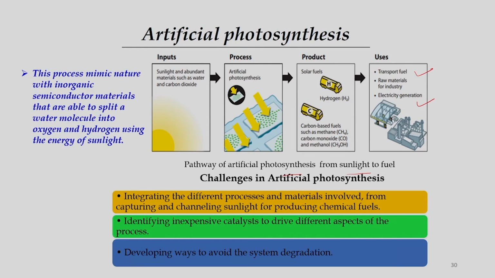First challenge is integrating the different processes and materials involved, from capturing and channeling sunlight to producing chemical fuels. The second challenge is identifying inexpensive catalysts to drive different aspects of the process, and the third challenge is developing ways to avoid system degradation.